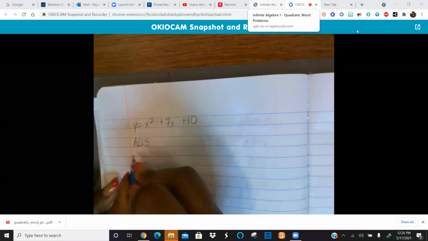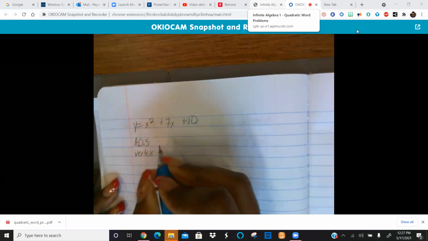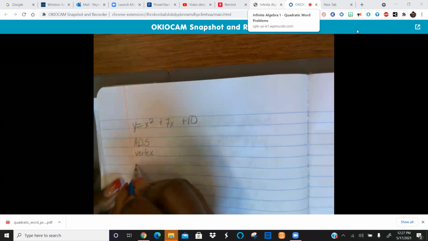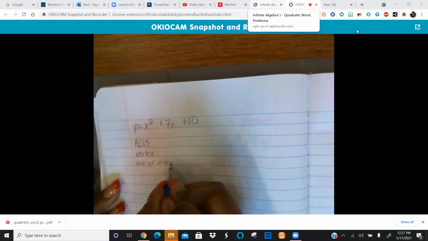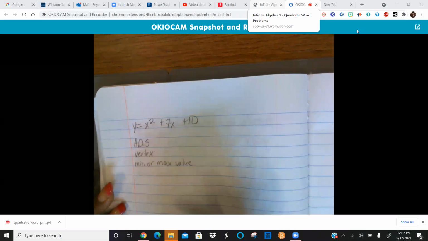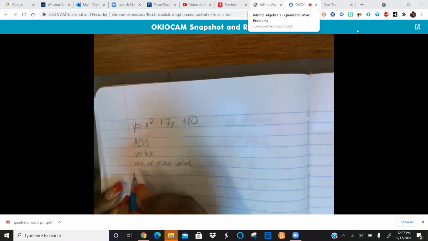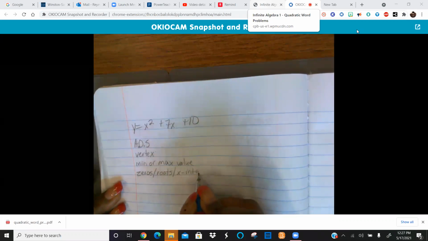Let's find the vertex. Let's tell if the vertex is a minimum or a maximum value. And let's find our zeros, roots, x-intercepts.